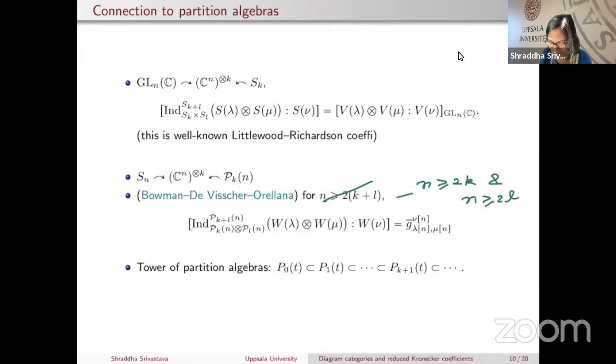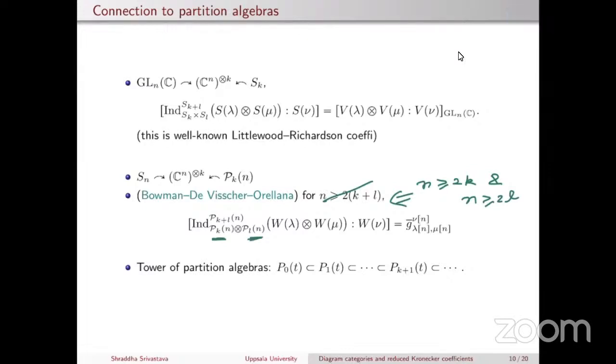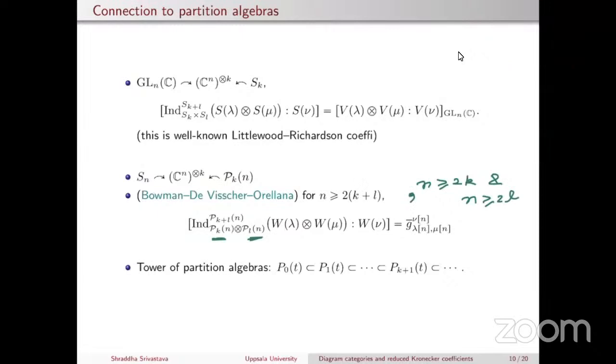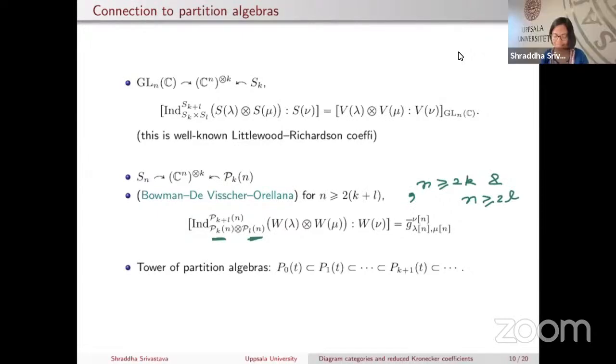This will imply the other one, because I want these to be semi-simple also. Let's assume all the partition algebras are semi-simple.